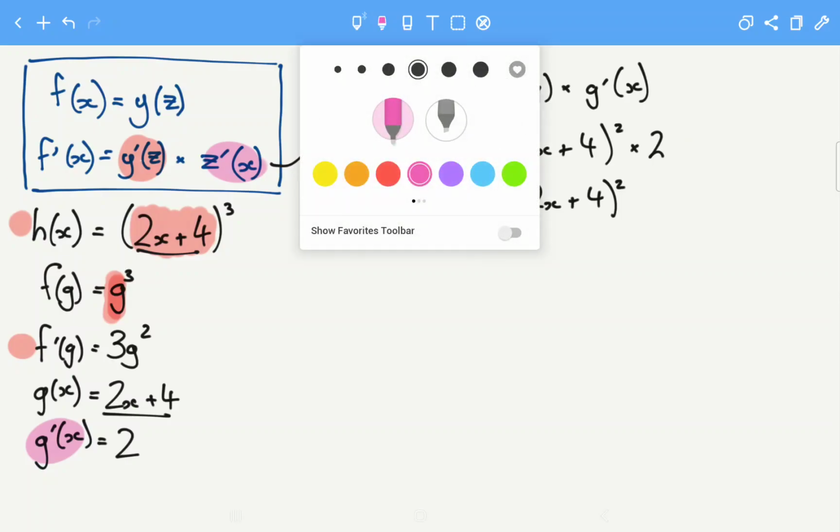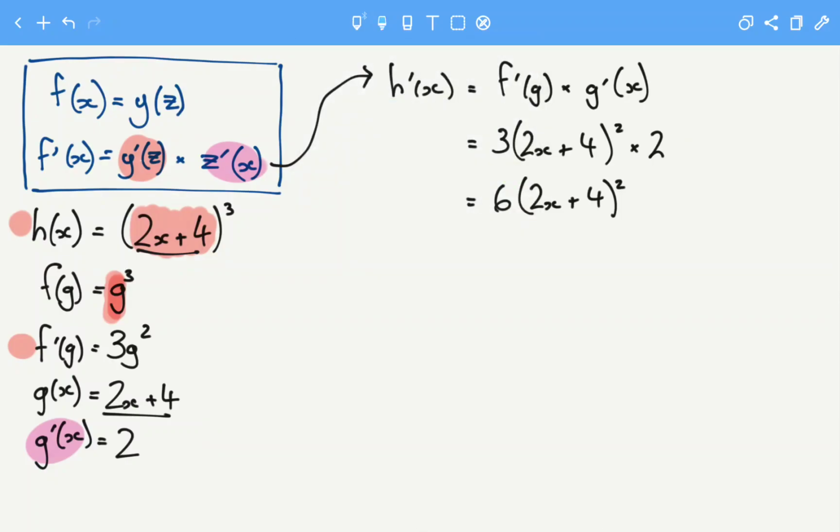And now, this whole rule here, I'll give it a nice blue. This rule is the exact same as this, just with different letters that the question's given us. So here where you have the differentiation of y for z times the differentiation of z for x, we've got the same thing here with the differentiation of f for g and g for x.